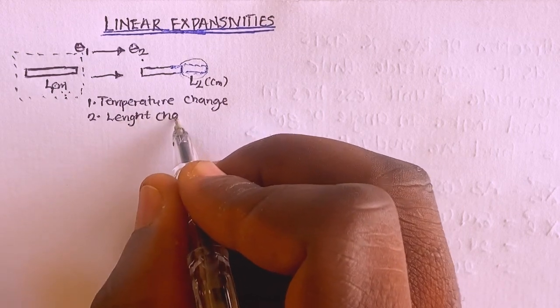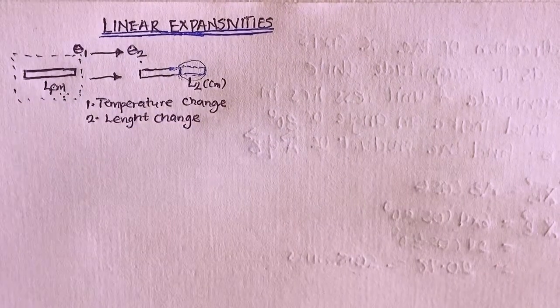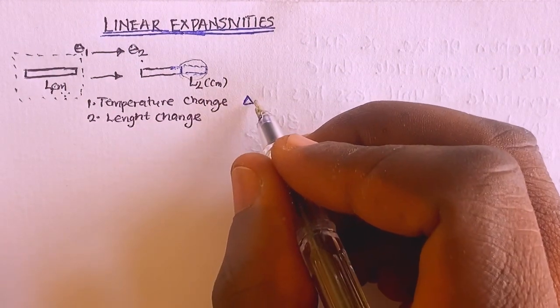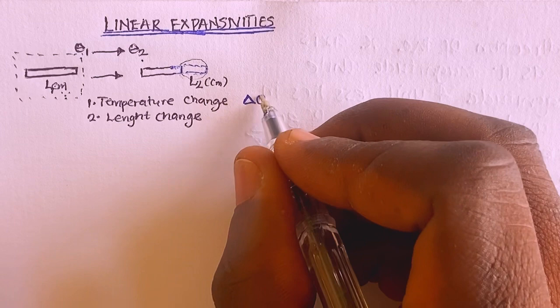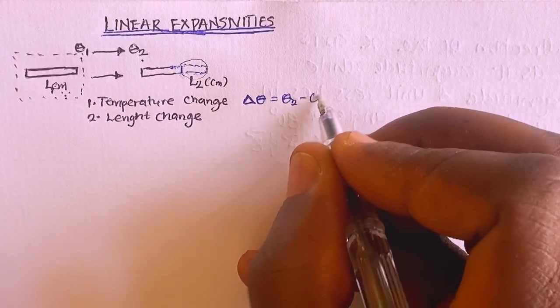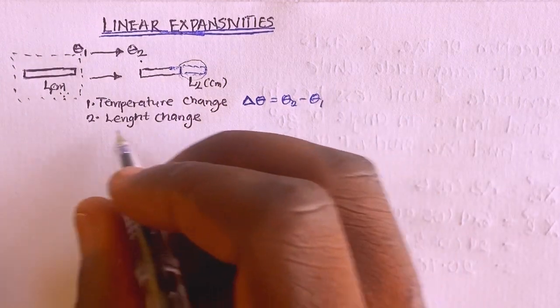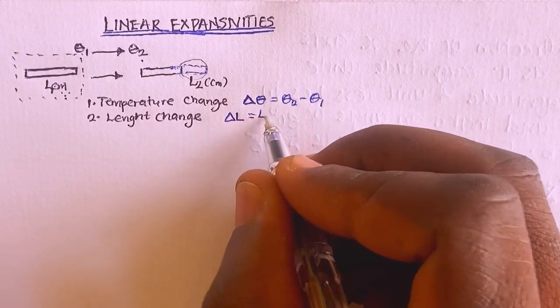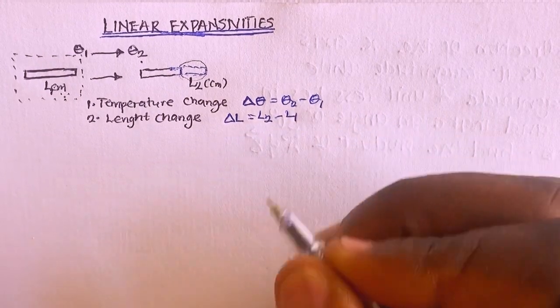So in this case, the change in temperature I'm going to represent as delta theta, which means theta 2 minus theta 1, right? And the change in length I'm going to represent as delta L, which means L2 minus L1, right?